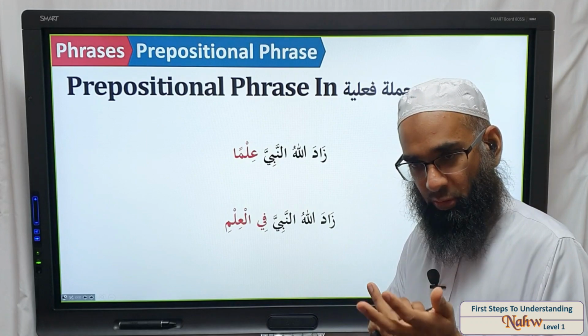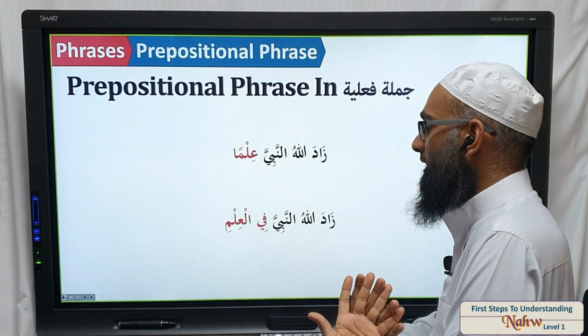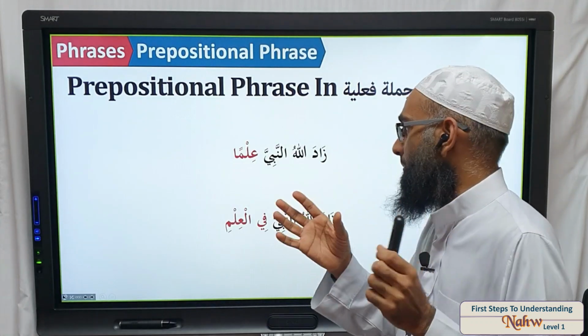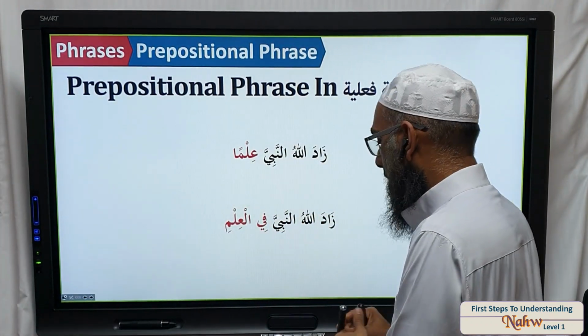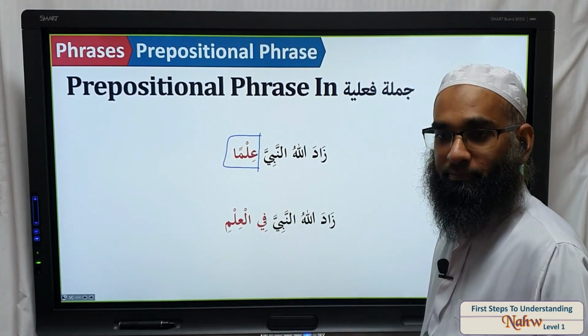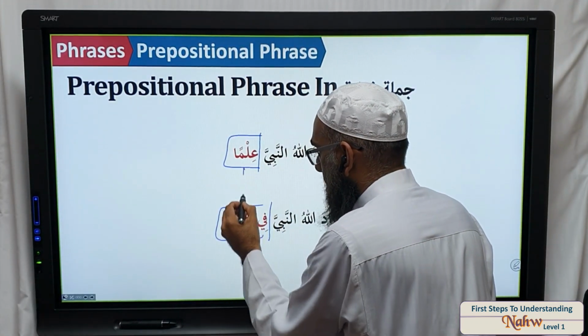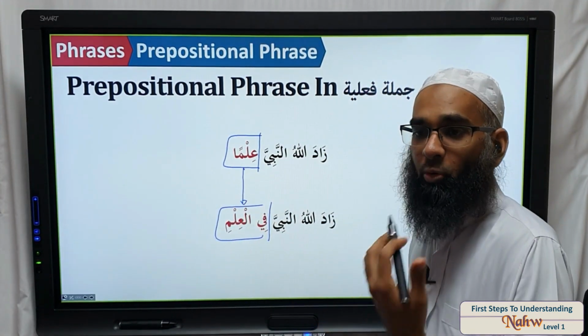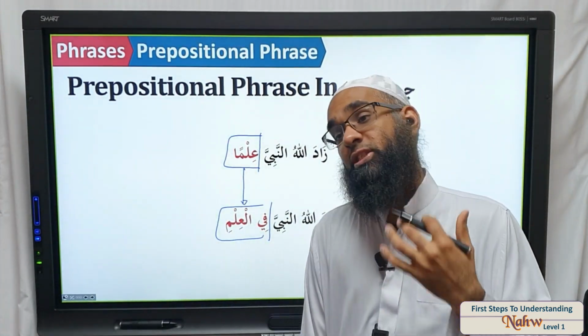So ilma is a mansub, and it clarifies and removes any ambiguity into which aspect the ziyada and the increase took place. And this is a normal tamyiz, because it comes as a mansub, and it's a noun, and it's nakira. But if you put fil ilmi, it is the same job. It's telling us more detail regarding which aspect the ziyada and the increase took place.